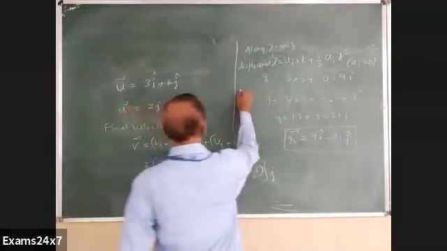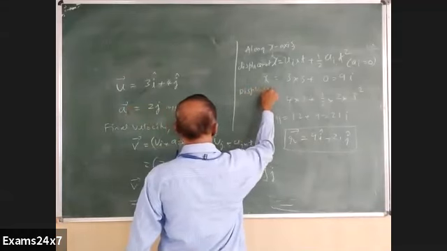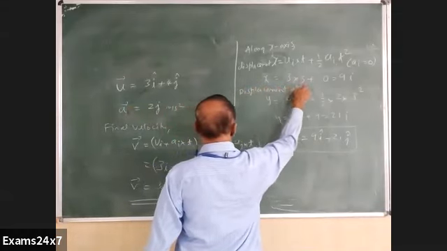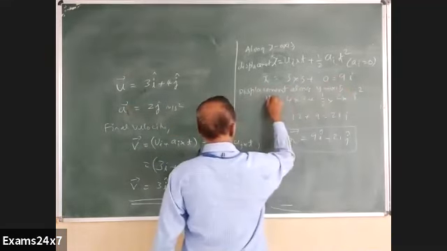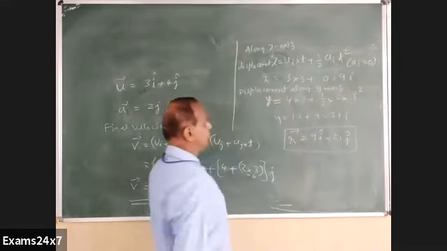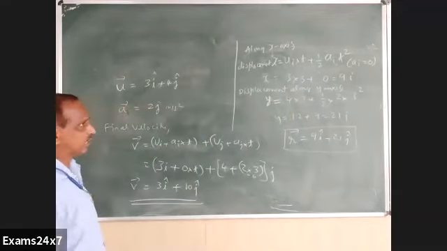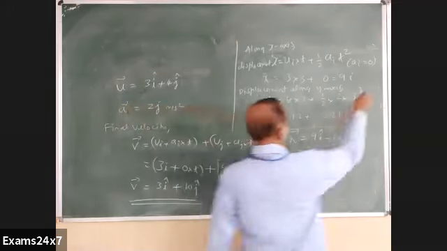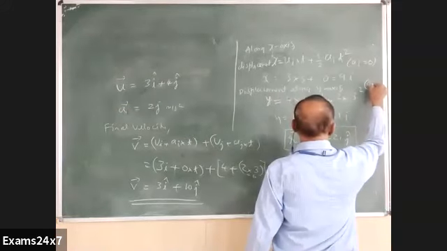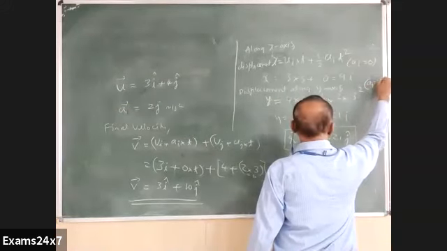And displacement along y axis. I call it as simply y here is 4 into 3 because there is acceleration now of 2j. So here acceleration is available as 2j.